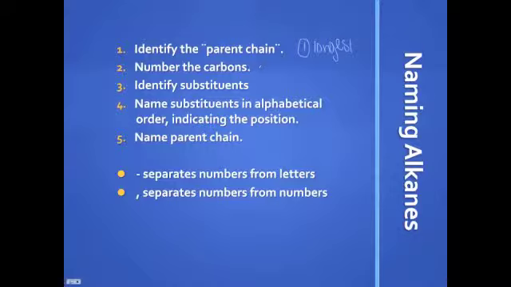The third step is to identify the substituents, which are the ones that I already mentioned. And the fourth step is to name the substituents in alphabetical order, indicating their position. So for example, if we have methyl and ethyl, we will name ethyl first rather than methyl. And the fifth step is to name the parent chain. The suffix will be "-ane" and the prefixes will be the same.